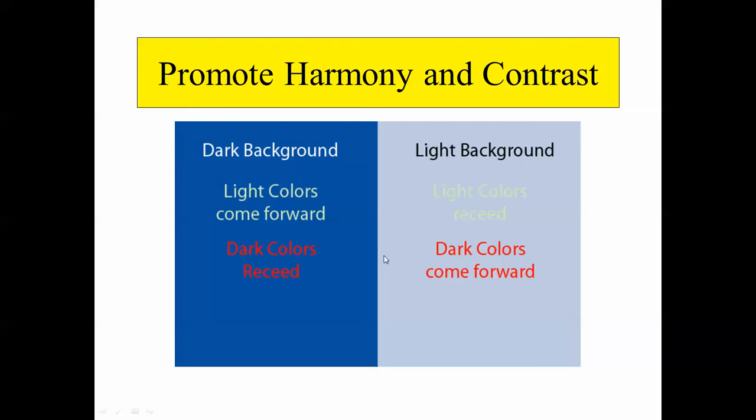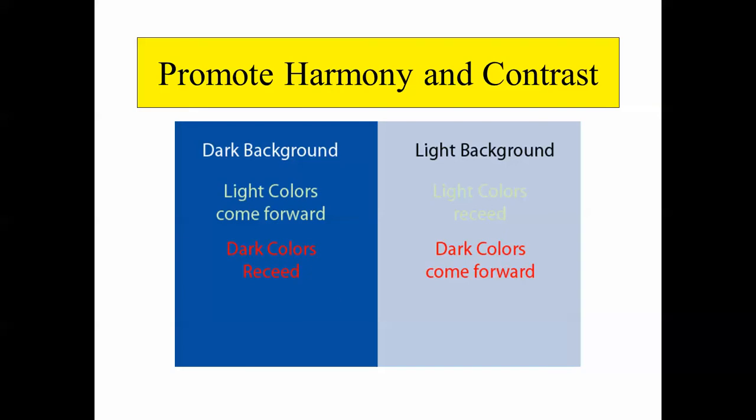Now, when you choose colors, you want to promote harmony and contrast. When you have a dark background, light colors tend to come forward. Dark colors recede, and it's very hard to see, especially on printed pieces. This is a big mistake that a lot of people make when designing.